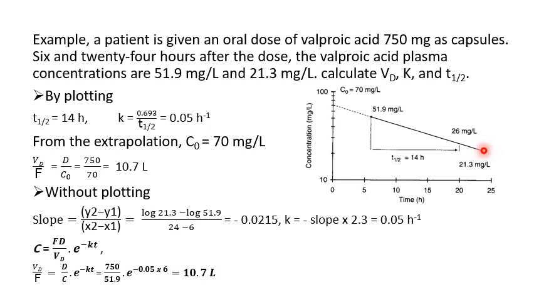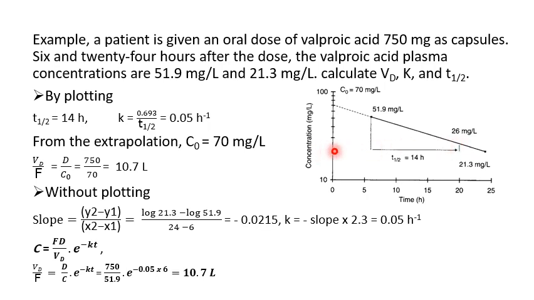So we can simply calculate the elimination rate constant or half-life of the drug and volume of distribution by the simple plotting method. To calculate the half-life of a drug, we can divide one of these 2 points, either the 51.9 milligram per liter or the 21.3, by 2. It's simpler to divide 51.9 milligram per liter by 2, and the resulting concentration is 26 milligram per liter.